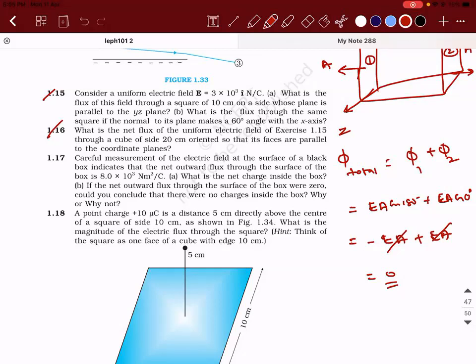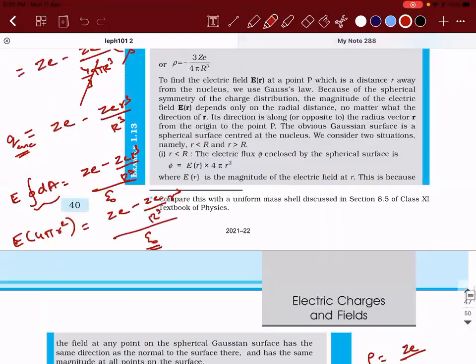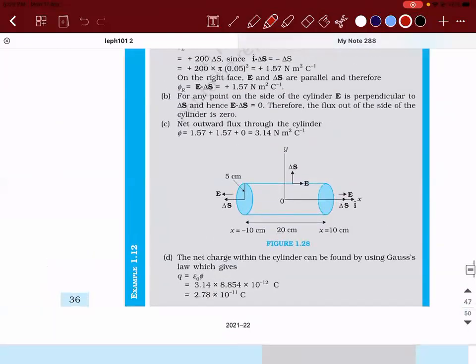It will always be 0 provided the electric field's direction is not different, because we did the same kind of problem here. You remember this one? Those who have no doubts and are not part of the math class, we can leave.